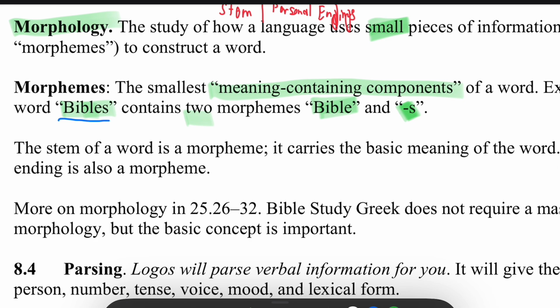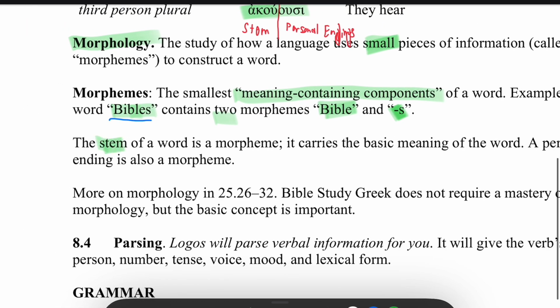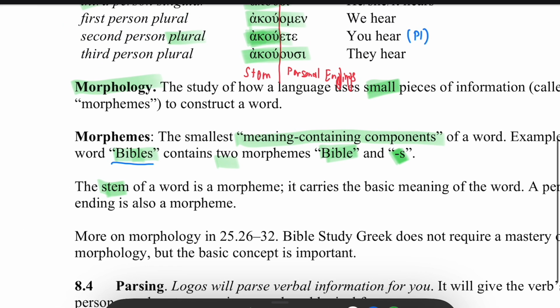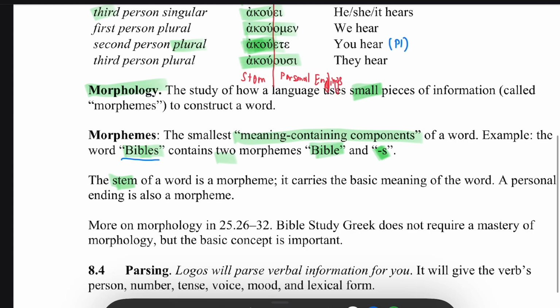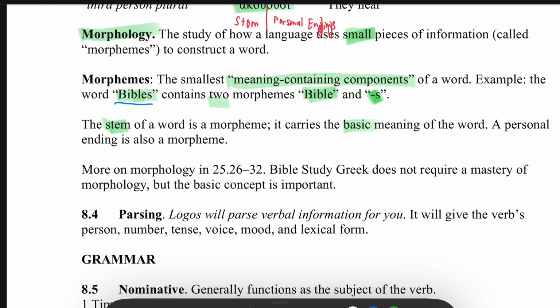The stem of a word is one of those morphemes, and in the case of akuete, the stem carries the basic meaning of the word. The personal ending is also a morpheme, telling me how it's functioning in the sentence and how to translate it. We're going to touch more on morphology when we get to chapter 25.